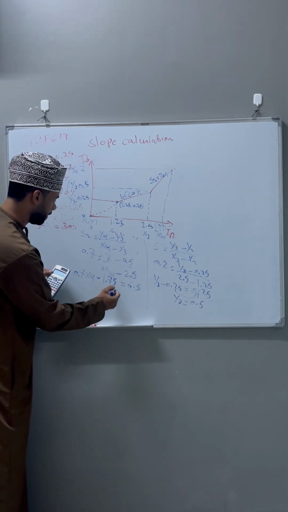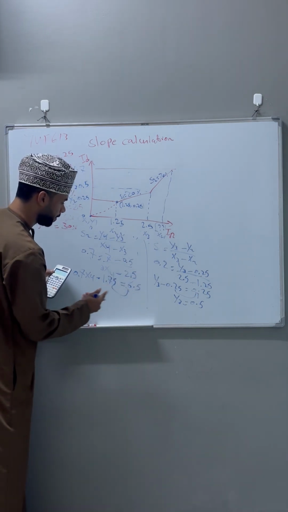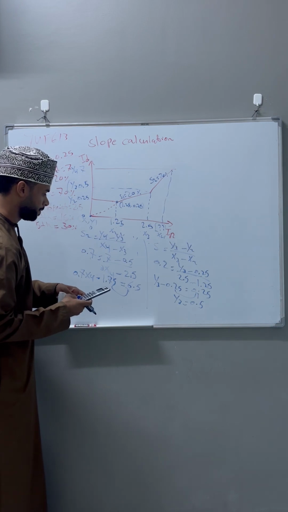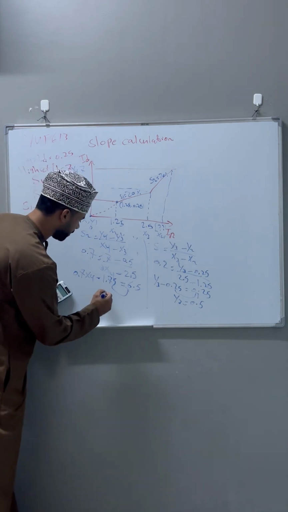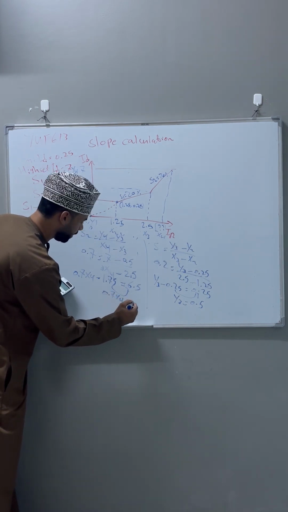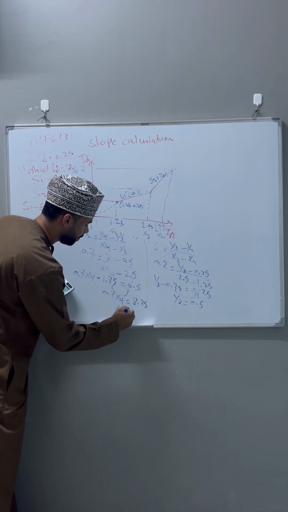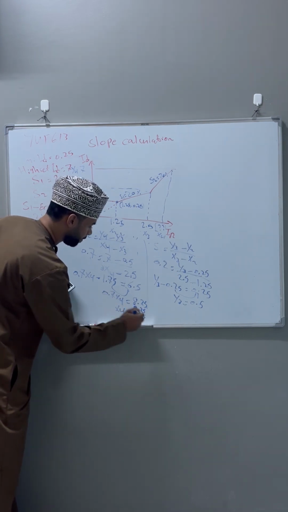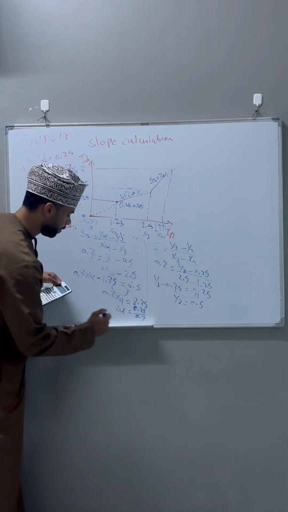Then I will shift this to the other side as positive, so 6.5 plus 1.75 will be equal to how much? 0.7 x4 will be equal to 8.25, so x4 will be equal to 8.25 divided by 0.7, which is how much?